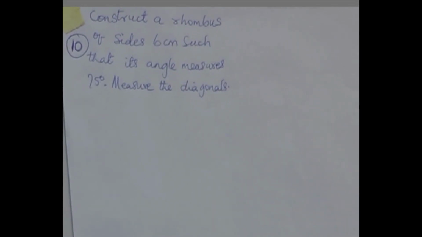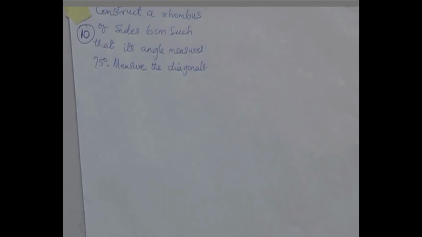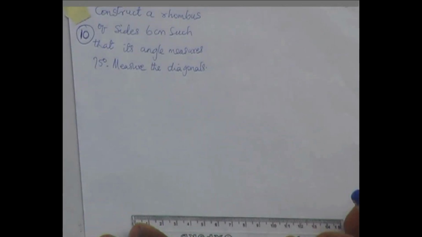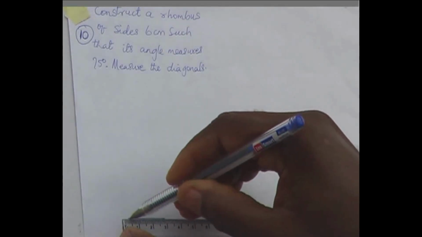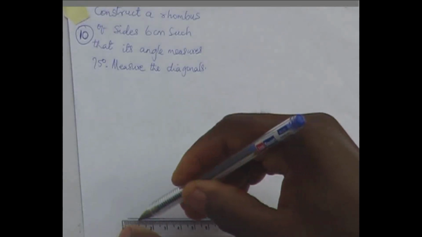So I will go to the drawing paper now that has been pasted on the whiteboard to do the construction. Like in all our constructions, draw a convenient horizontal line of any length.